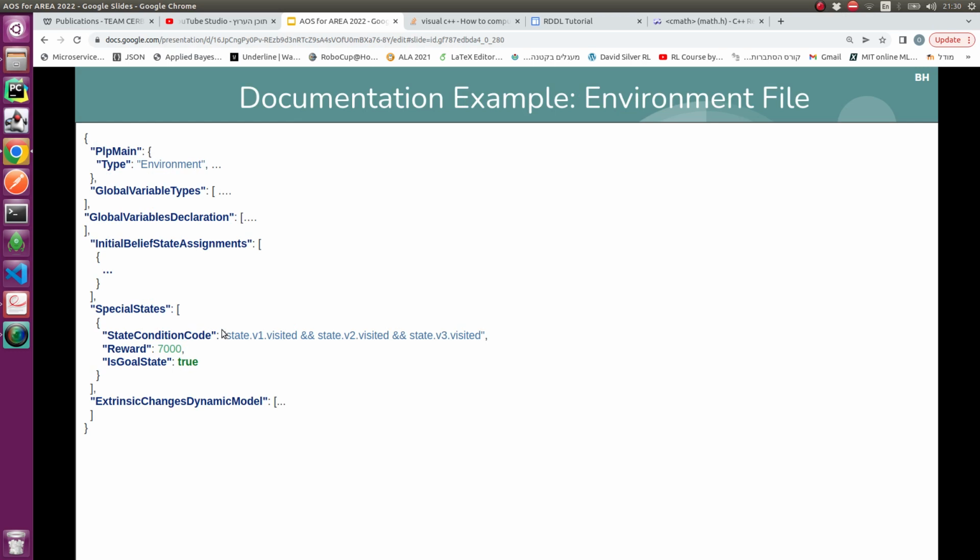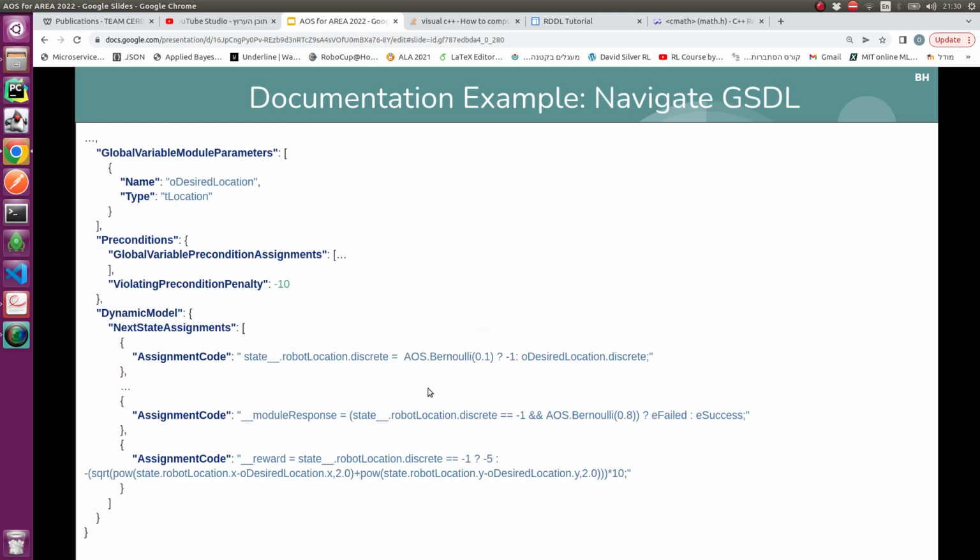We have the environment file to describe the goals, to visit the 3 locations, and where we have our GSDL to describe the high-level behavior of the skill. So you can describe here that when you are activating a navigation, the robot's discrete location can lose its orientation with a chance of 10%.